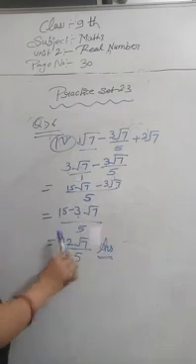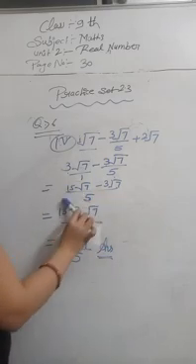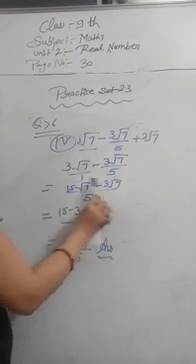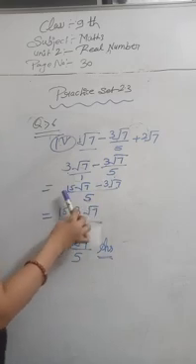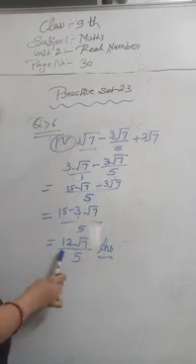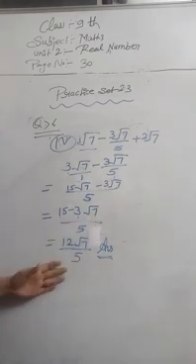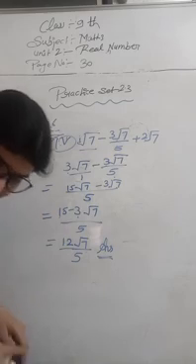First we take the LCM, we got LCM 5 here, and we subtract these numbers. 15 minus 3 is 12, and root 7 as it is. Okay, so this is our answer. Clear?